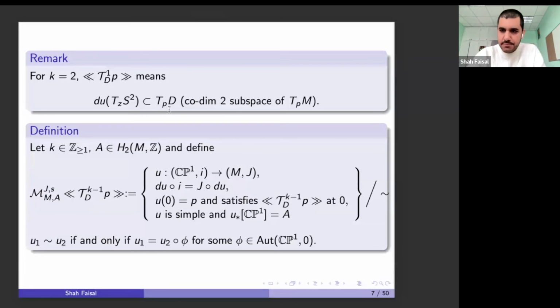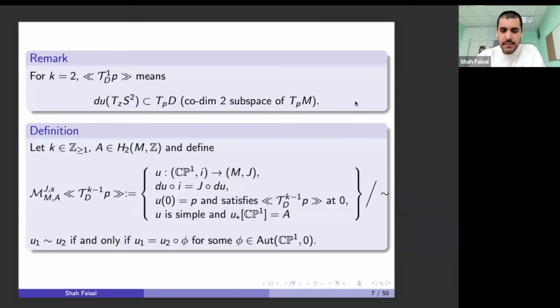Next, I consider the moduli space of holomorphic spheres with this constraint. So you pick a homology class A and a positive integer k, and consider the moduli space of somewhere injective curves in the homology class A, and you quotient it out by the automorphism group of CP1.